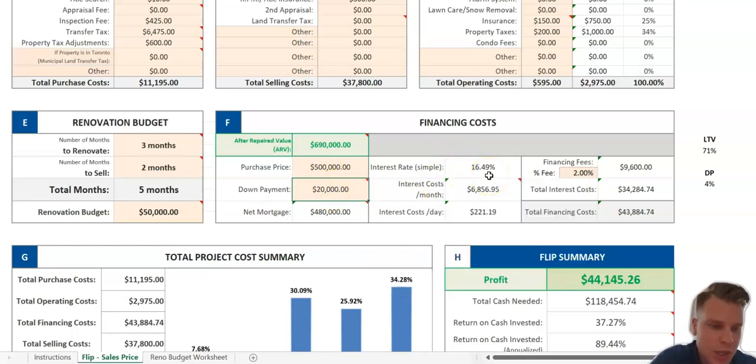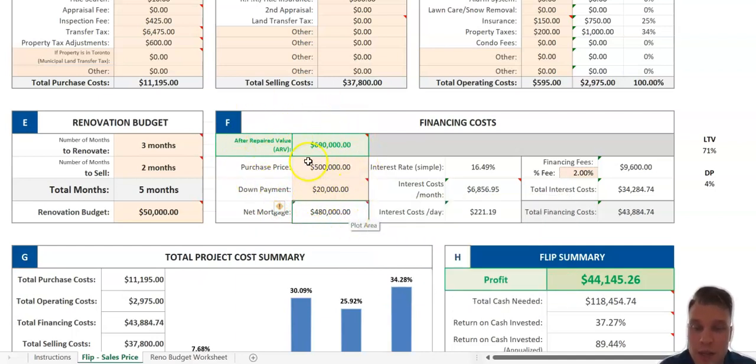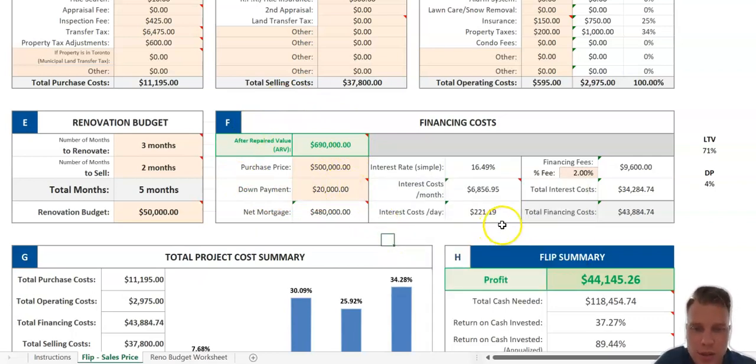As of September 27th, 2022, our rate for the $20,000 down is 16.49% on an annual basis. On a monthly basis, it's 1.37%. So on closing date, we would advance $480,000. And the borrower believes, in this example, from our analysis, that they'll be able to sell the property for $690,000.